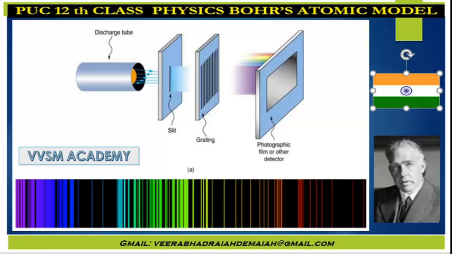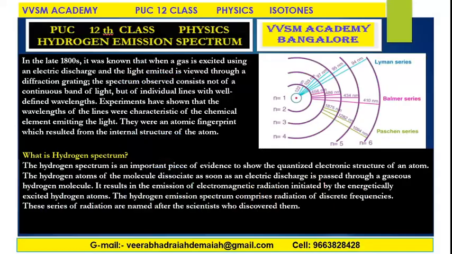This is the great scientist Niels Bohr. In the late 1800s, it was known that when a gas is excited using an electric discharge and the light emitted is viewed through a diffraction grating, the spectrum observed consists not of a continuous band of light, but of individual lines with well-defined wavelengths.